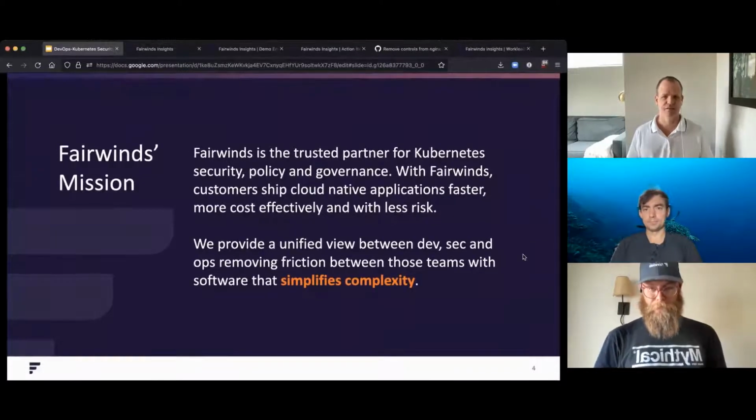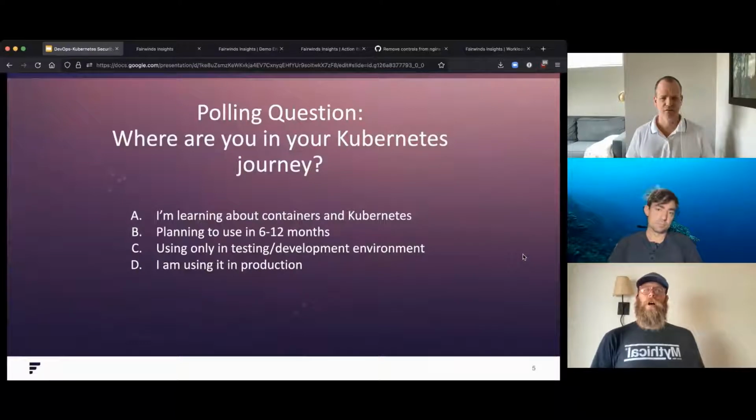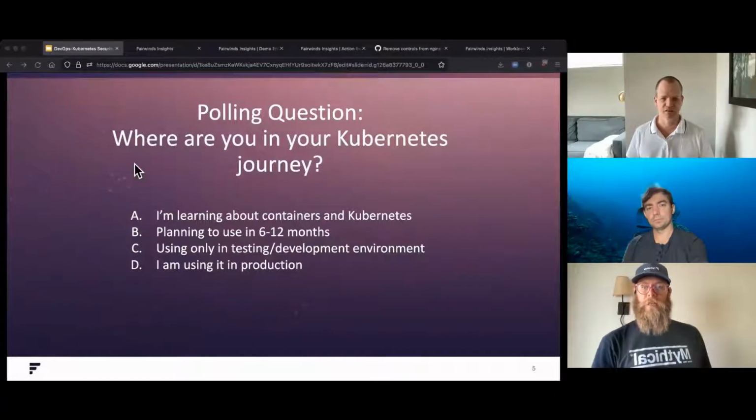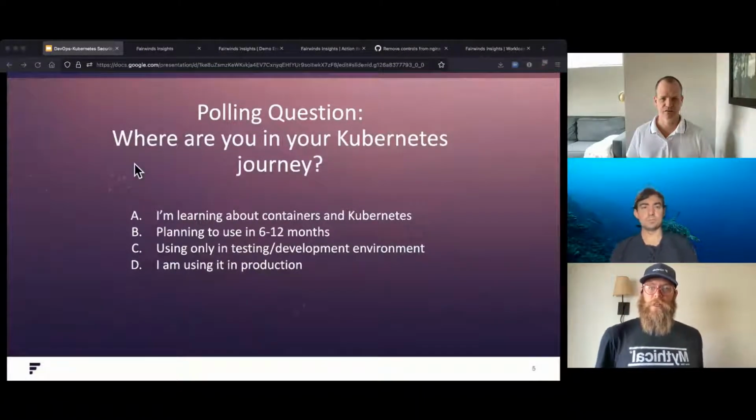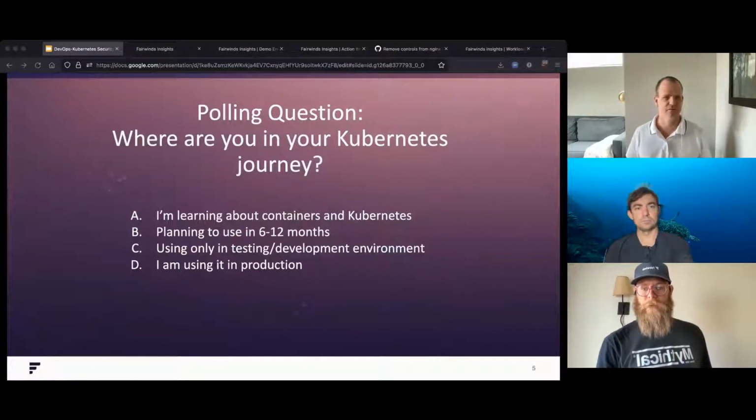And excited to talk about that in depth a little bit with you today. So before we get started, let's talk about where you are in your Kubernetes journey. We have a poll we'll pull up here. Are you just learning about Kubernetes and containers? Are you planning to use it in the next 6 to 12 months? Are you using it only in testing or a development environment, or are you using it in production? We ask for this poll every time so that we can kind of track adoption across all of our webinars.